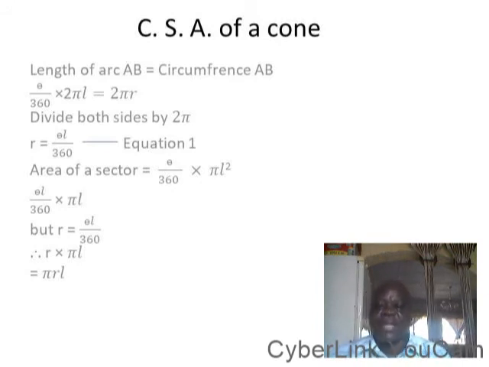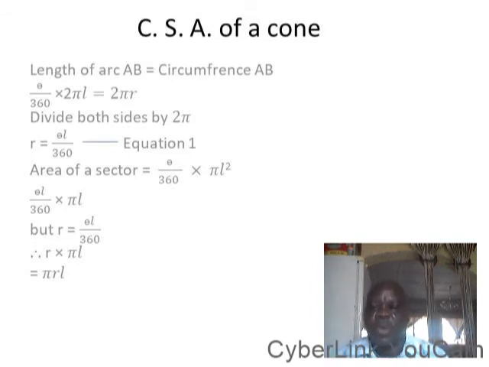Therefore, we have theta over 360 times pi l squared. Now, separate this l squared, which is l times l. You put one l here, you put one l here. In that case, what you now have is theta l over 360 times pi l. Recall from equation 1 that r is equal to theta l over 360. Now substitute that for r, therefore you have r multiplied by pi l.